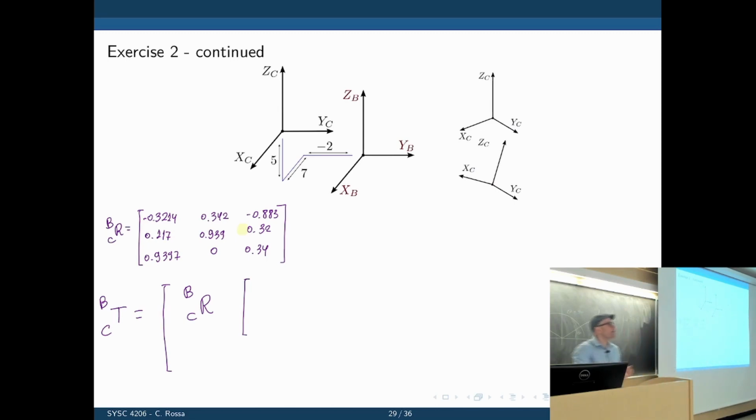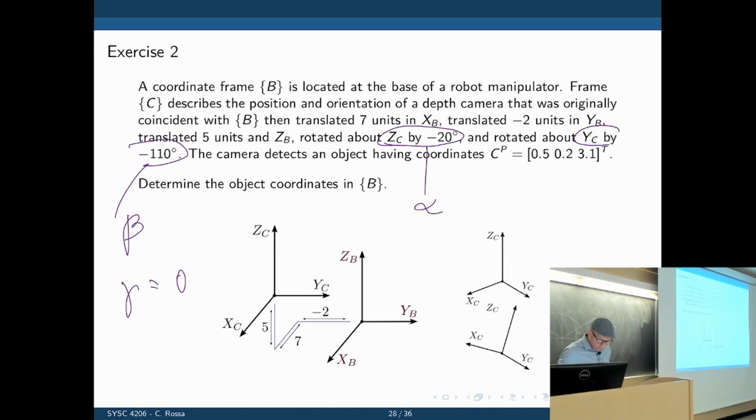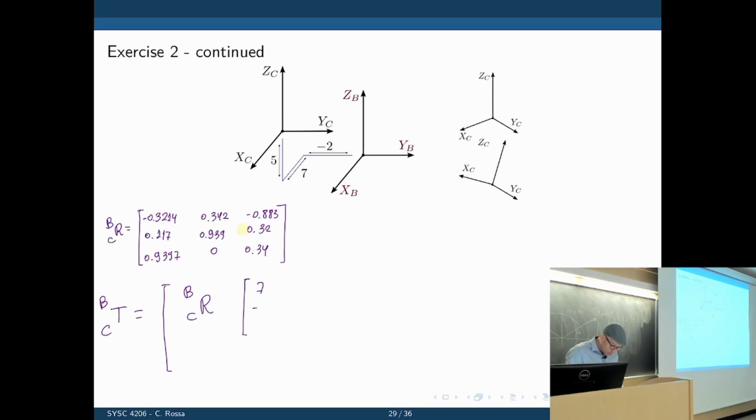What is that again? PB origin. Exactly, PB origin. And what are the coordinates of that? 7 in X, minus 2 in Y, and 5. So 7, minus 2, and 5.